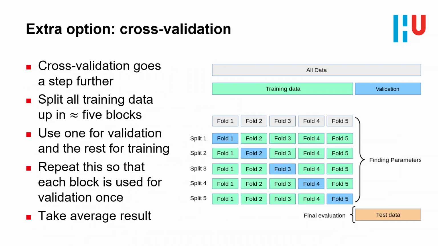There's another option, cross-validation. In this case, again, we divide it up in training data, validation, and test data. But we split that training data up again in more blocks, basically in folds.